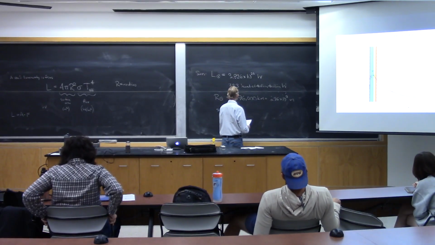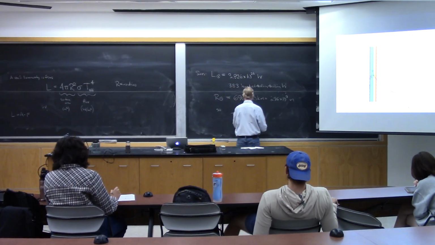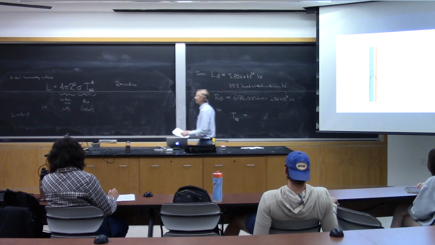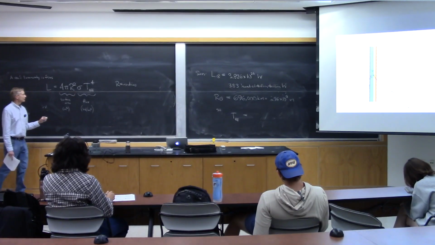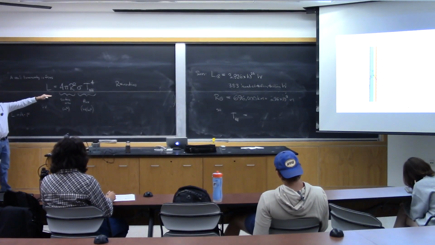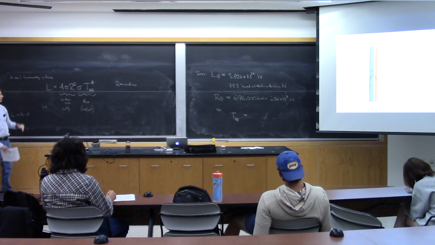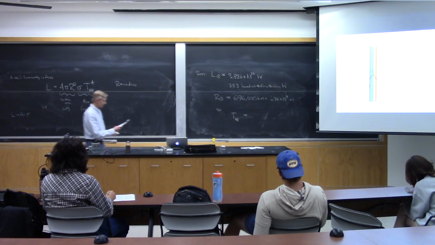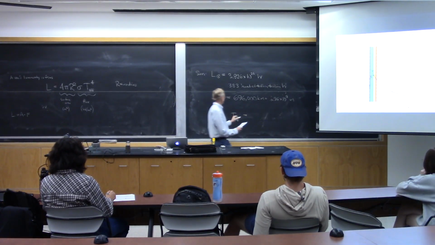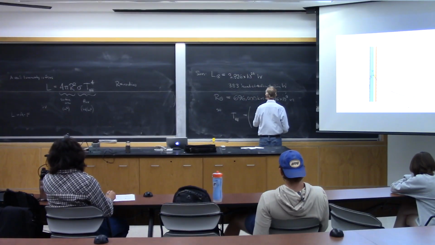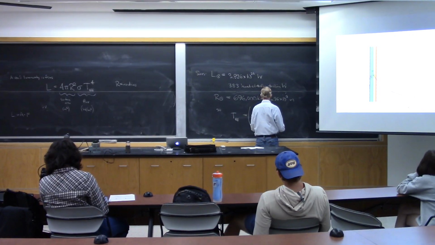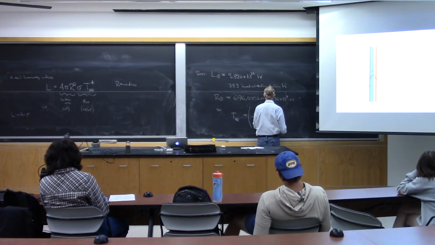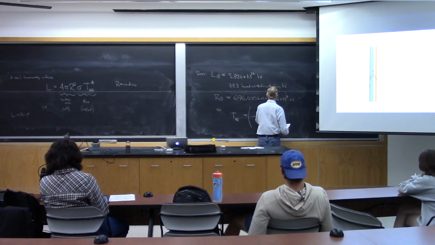So if we find Tef from that formula, solve for Tef, Tef to the fourth will be L over 4 pi r squared sigma. So Tef itself will be the fourth root of the sun's luminosity over 4 pi r of the sun squared sigma.